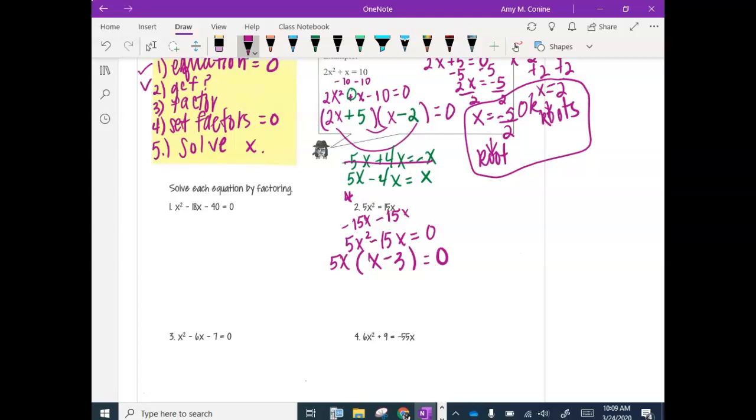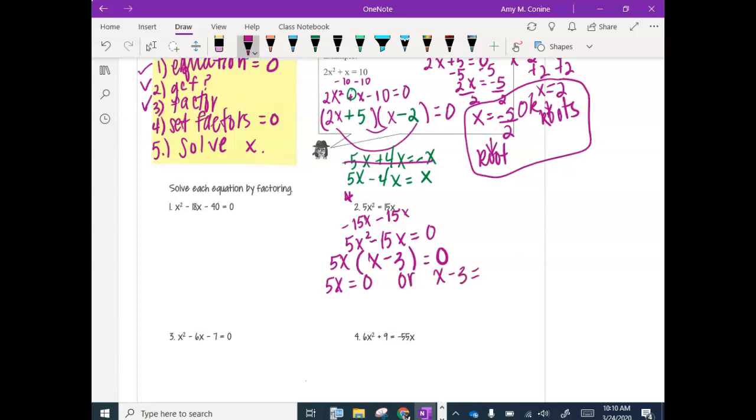So now it says factor, so if I'm looking at this, this is already factored because this is simple, the 5x, and this is simplified, the x minus 3. There's nothing else we can do. So step 3 is done. So now I'm going to look at setting each of the factors equal to 0. So I'm going to take 5x equal to 0, and I'm going to put an or, because either one of these is a solution.